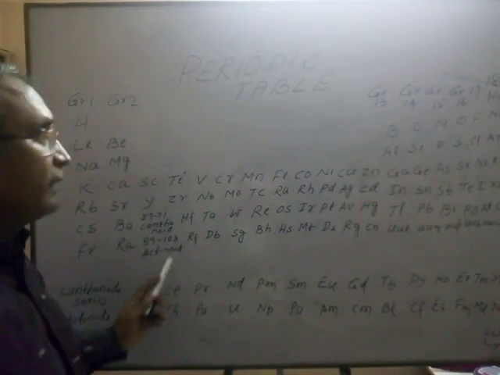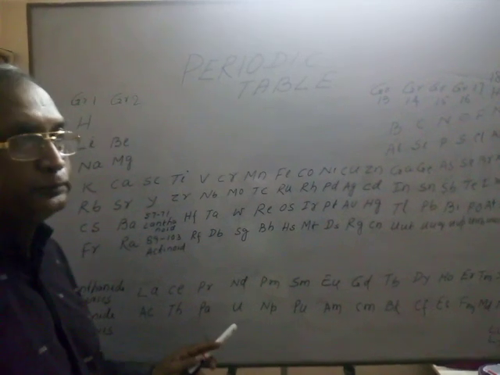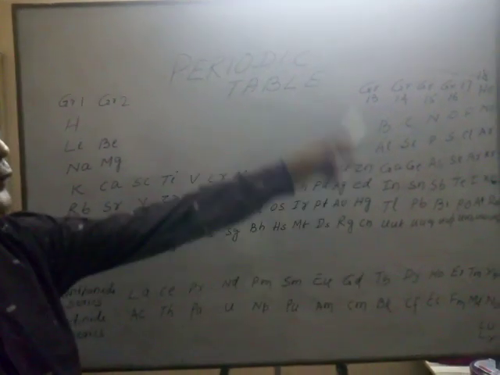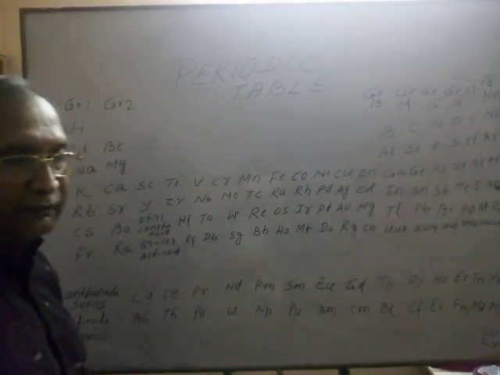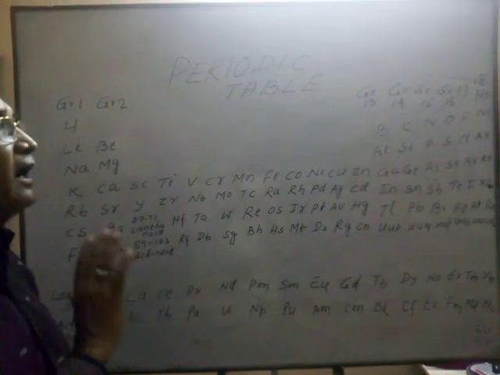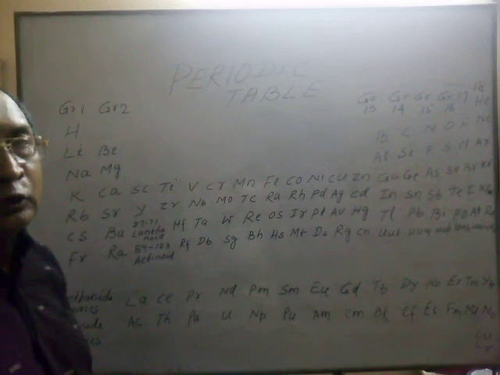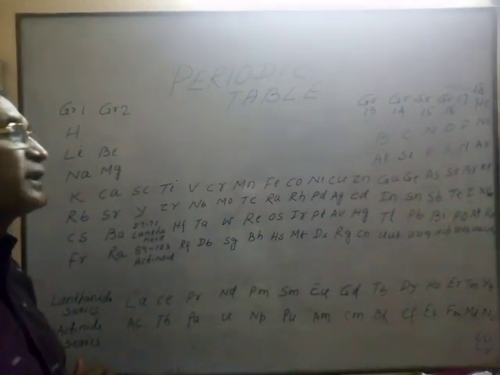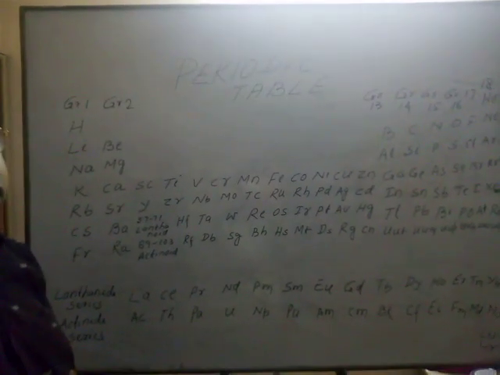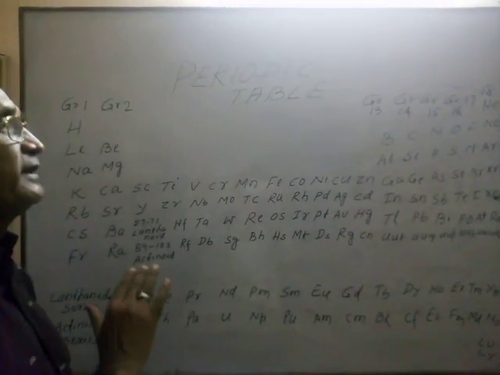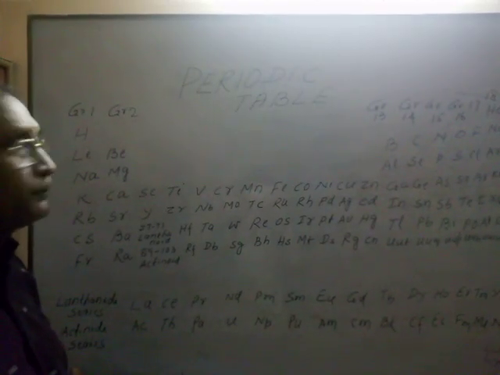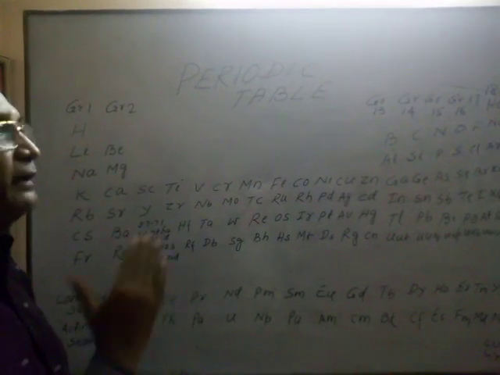There are 18 groups. This group 1, group 2, 13, 14, 15, 16, 17 and 18, as a whole, are known as representative elements.